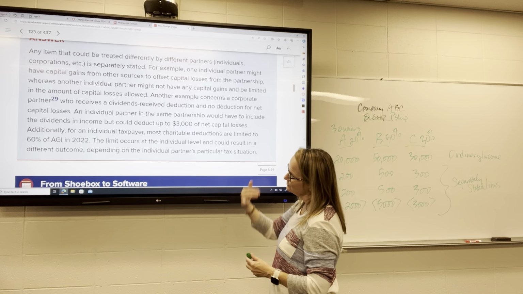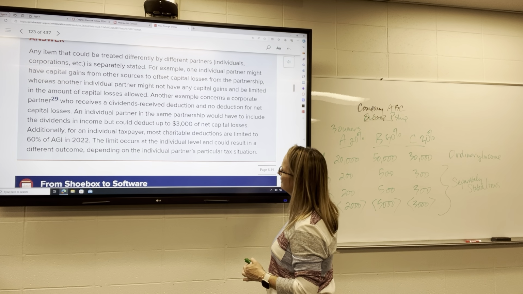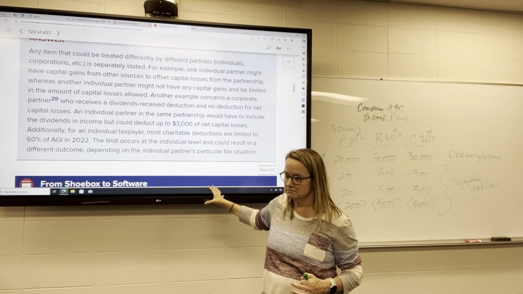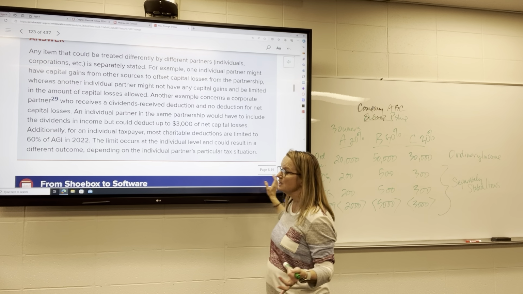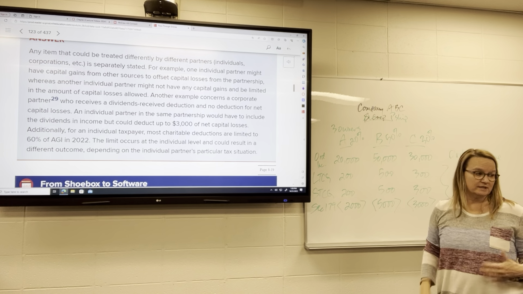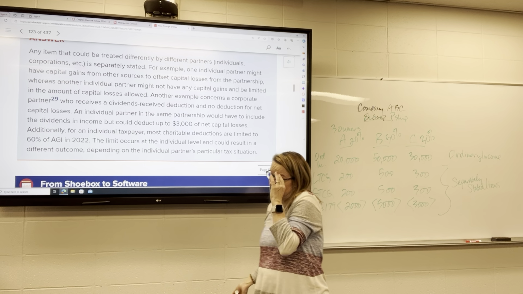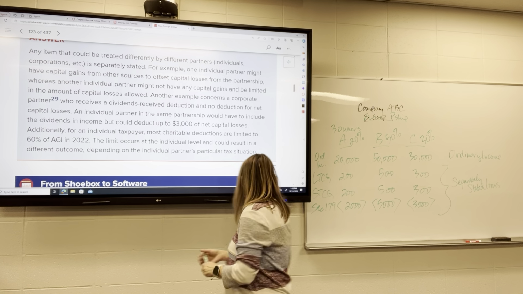So when it flows through, it's taxed based on their own individual circumstances on their tax return. Charitable deductions are another example. Businesses can have charitable deductions as well. They could give to charity, but remember, with charitable deductions, you're only going to get a tax advantage if you itemize your deductions, right?